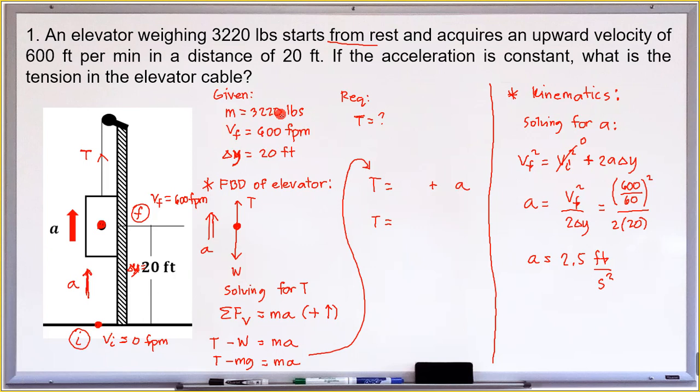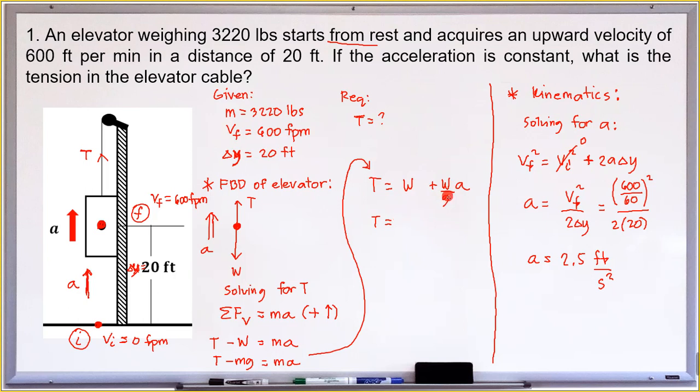Because if we have pounds here, we don't need to multiply by g, 32.2 feet per second squared, since in English units sometimes we get confused between pound mass and pound force. So we just use the weight, and on the other side, weight over g.